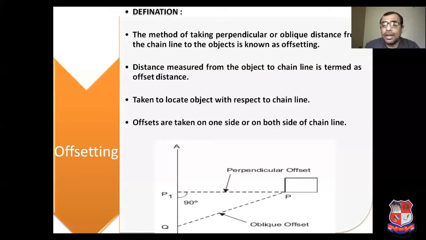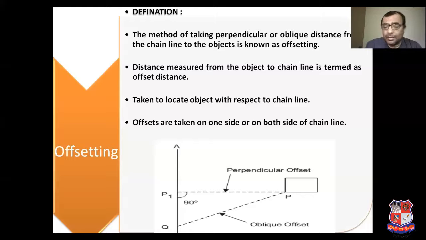The distance that is measured between the chain line and the object is known as the offset distance. So distance P1P is the offset distance, and distance QP is also an offset distance.